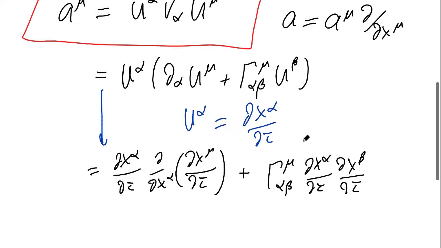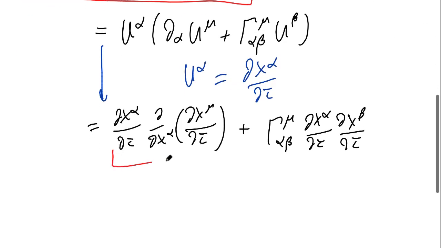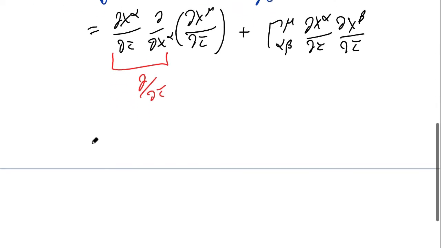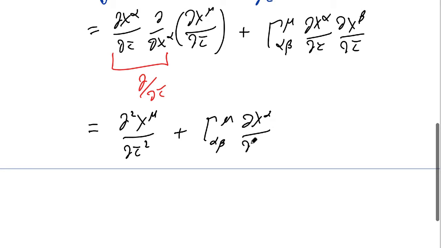All right, notice by the chain rule, this combination is just d/dτ. So we have d/dτ acting on dx^μ/dτ. So this gives the second derivative of x^μ with respect to τ squared plus Γ^μ_αβ ∂x^α/∂τ ∂x^β/∂τ.